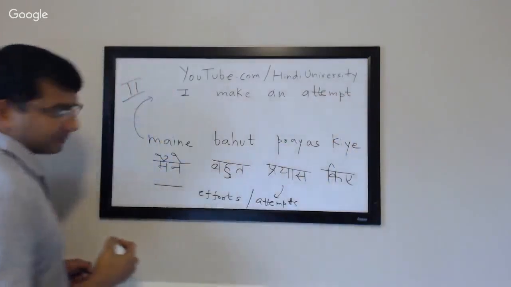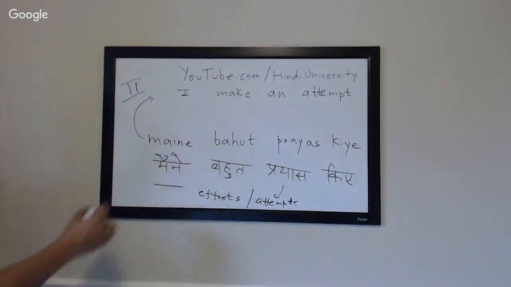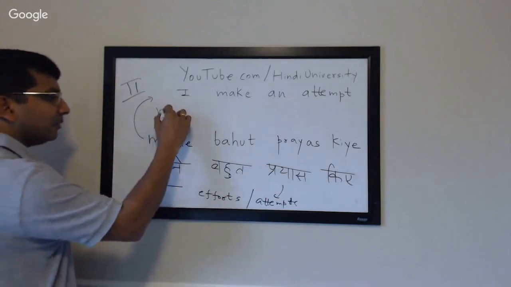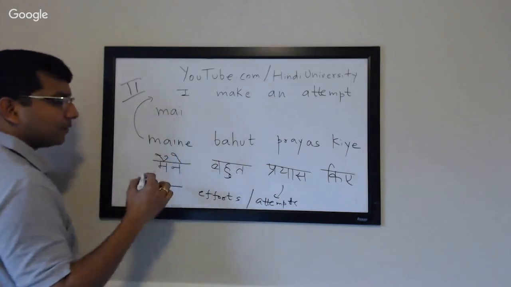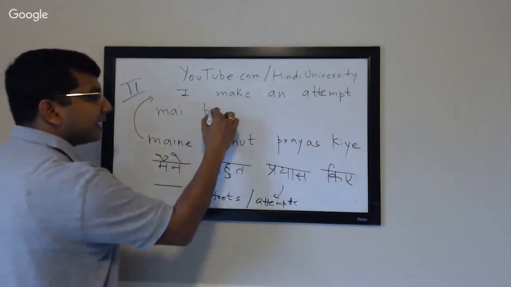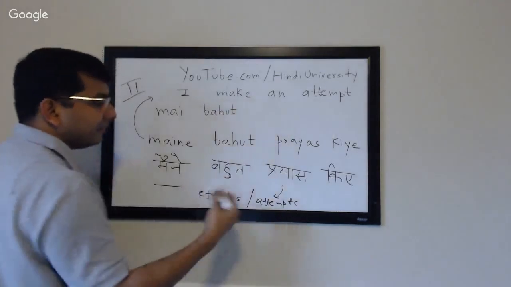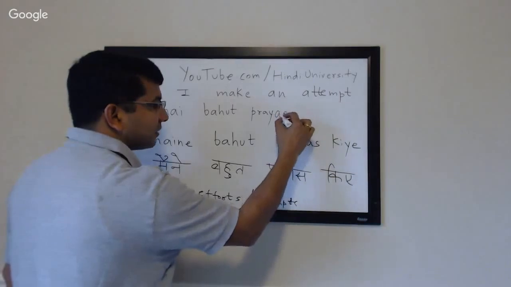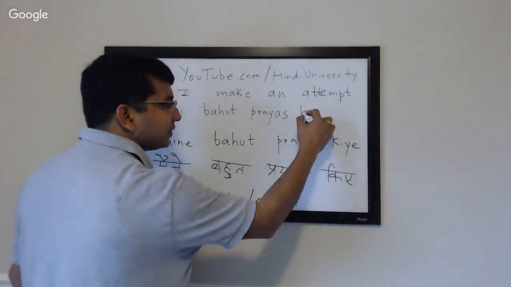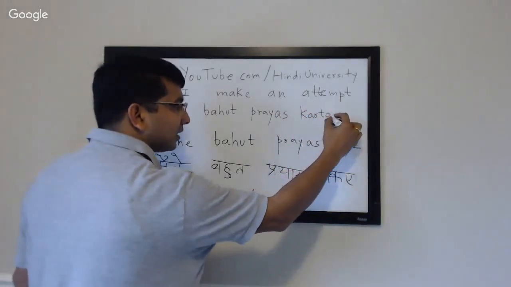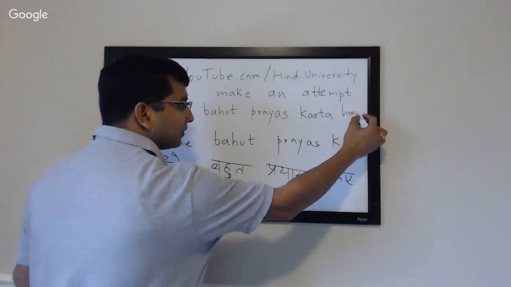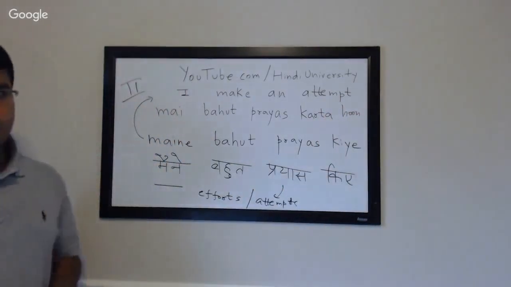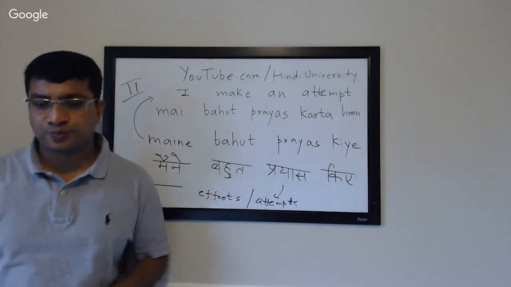It should be simple. Just go one by one. मैंने would be in the present form मैं. बहुत as it is, and then प्रयास. Instead of किया you will say करता हूँ. मैं बहुत प्रयास करता हूँ, and मैं बहुत प्रयास करती हूँ.